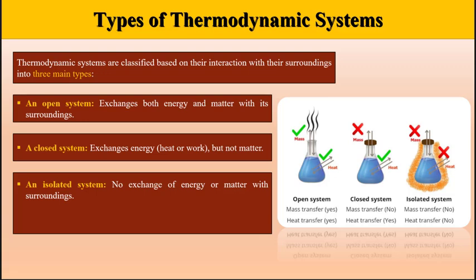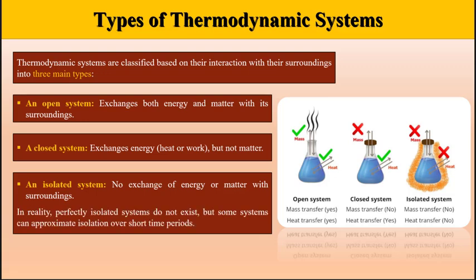Isolated system. This system does not allow any exchange of energy or matter with its surroundings. In reality, perfectly isolated systems don't exist, but some systems can approximate isolation over short time periods.